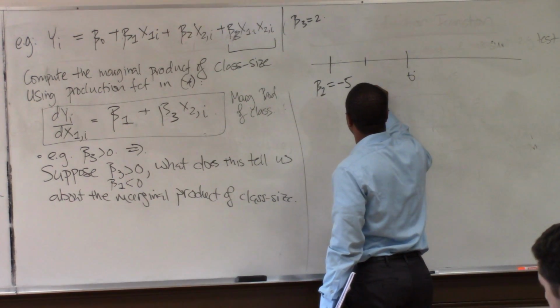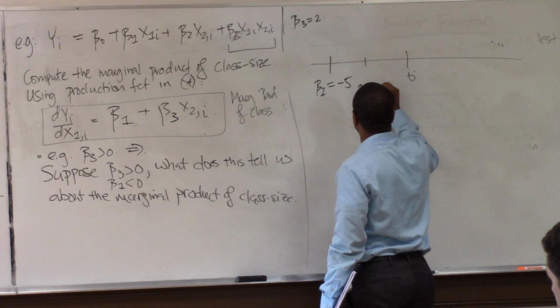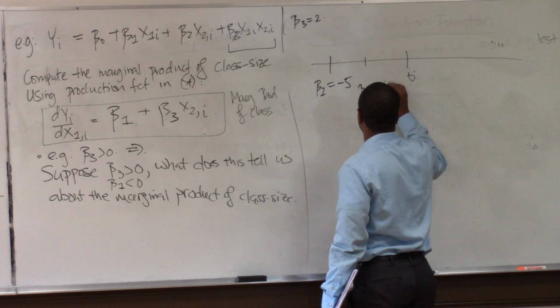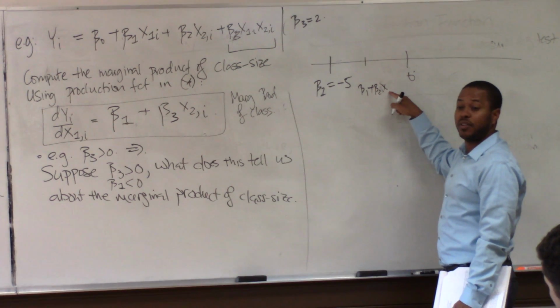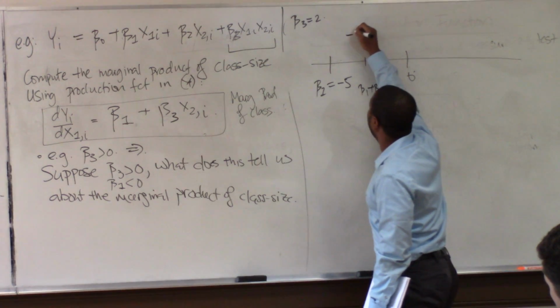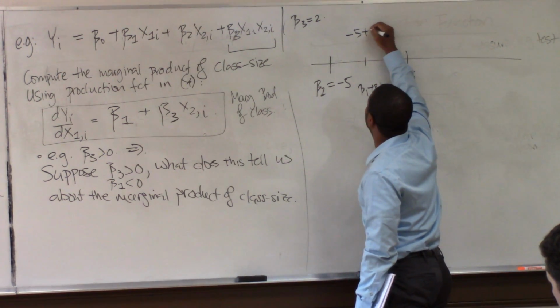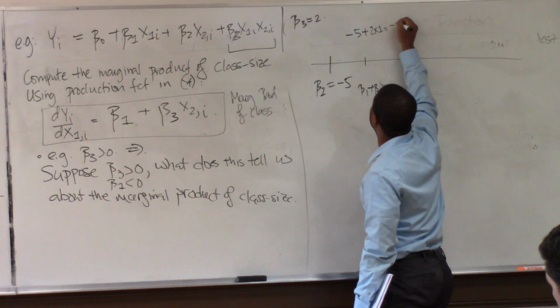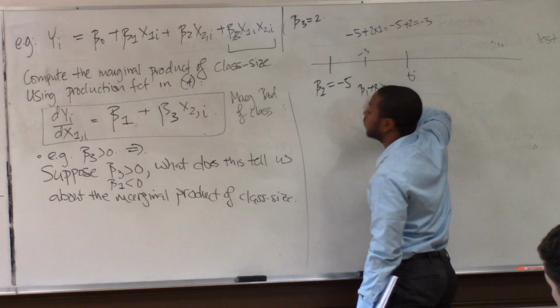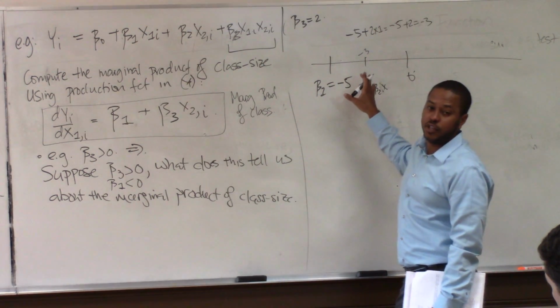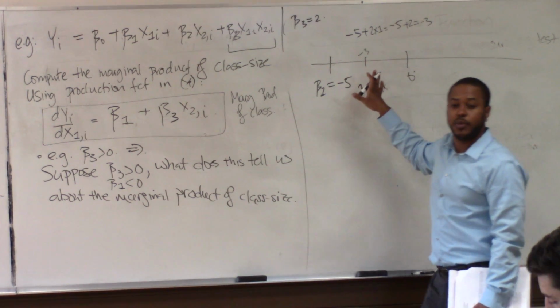So then beta 1 plus beta 3 times x is going to be somewhere here. So for example, if x is equal to 1, you'll get minus 5 plus 2 times 1, which is minus 5 plus 2, which is minus 3. You don't have to write this in your notes, but this is just to explain it conceptually.